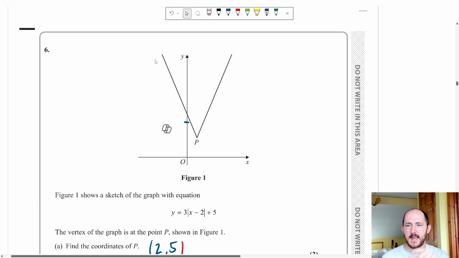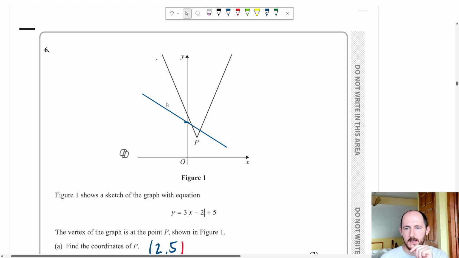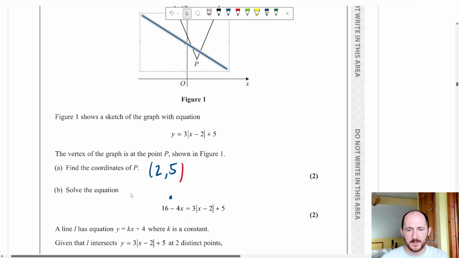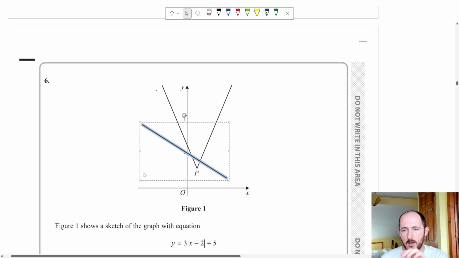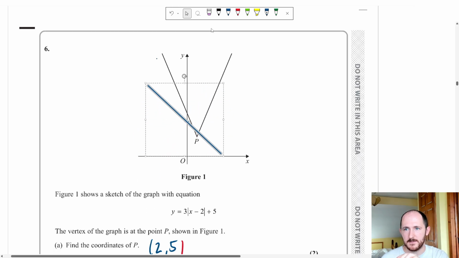Now if I try and draw a negative gradient line, something like that, the only thing changing in this case, because it's kx, is the steepness of the curve. That's what you have to bear in mind.